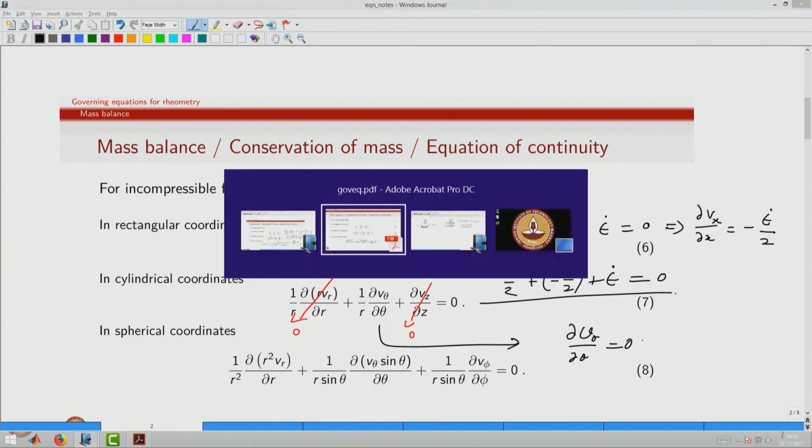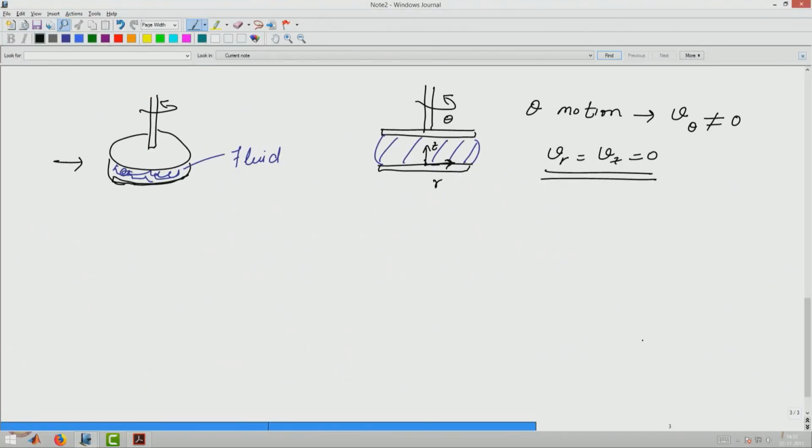So, v theta, which is the only non-zero velocity, is not a function of theta. Therefore, we can state using mass balance that v theta will only be a function of r and z.